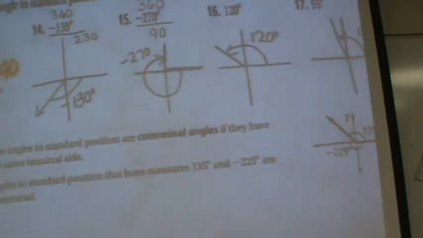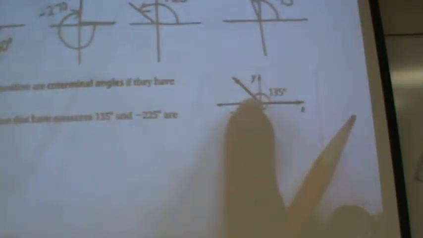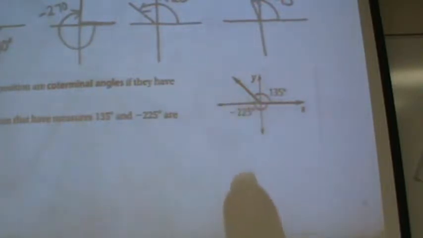Now, I talked to you about what coterminal means. Coterminal means that the terminal side will land on top of each other. If two angles are coterminal with each other, their terminal sides will land right on top of each other. So they're giving you a 135-degree angle. A 135-degree angle is this angle right here.